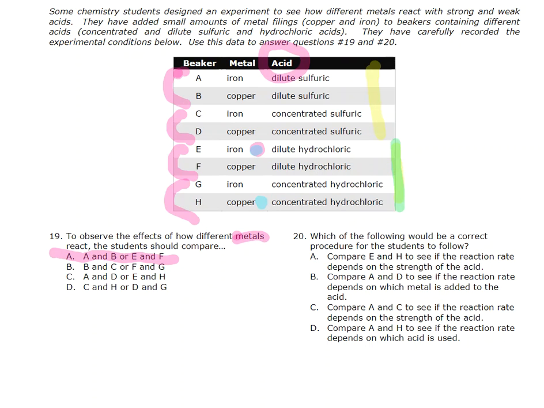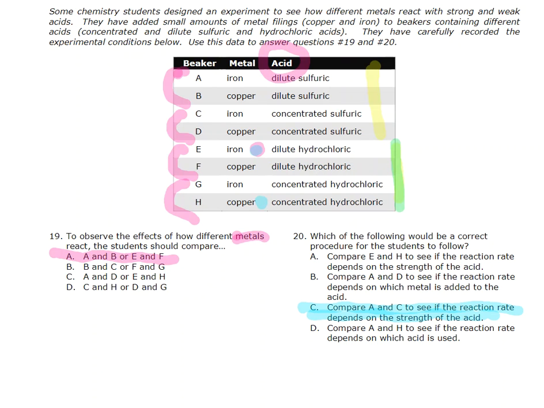So what if we compared A and D? Well, it's the same deal. One is iron, one is copper. So A to C, that would be iron and dilute sulfuric versus concentrated, to see if it depends on the strength of the acid. That one seems to make sense to me. And then I always go and double check, make sure the last one doesn't match as well.